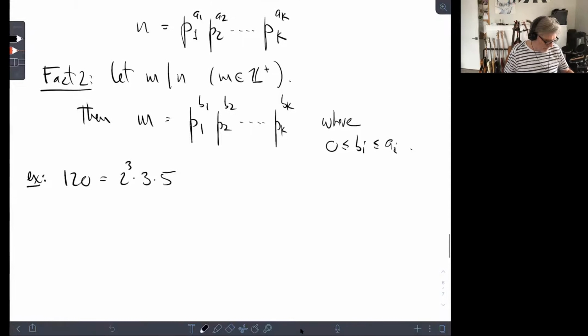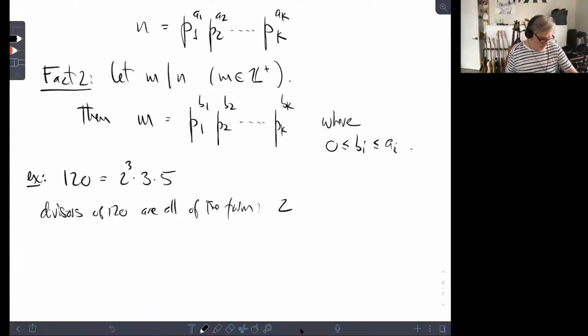So the divisors of 120, I'm claiming, are all of the form 2 to the power something times 3 to the power something times 5 to the power something.